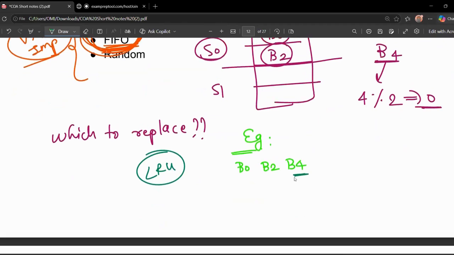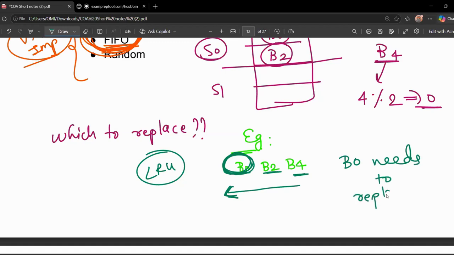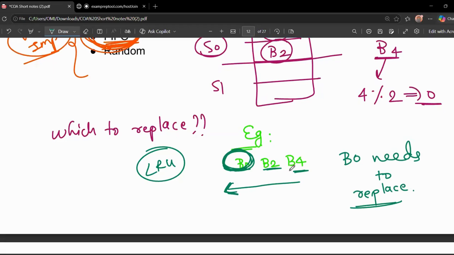What you have to do, as I have told you, is look backwards at the request sequence. This one is recently used, and this one is not used for the longest time. So B0 needs to be replaced. This is all about the LRU policy.